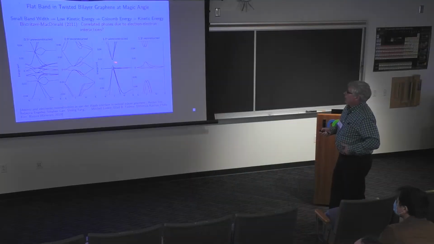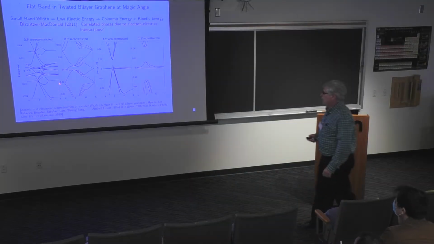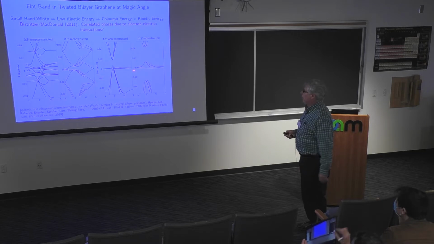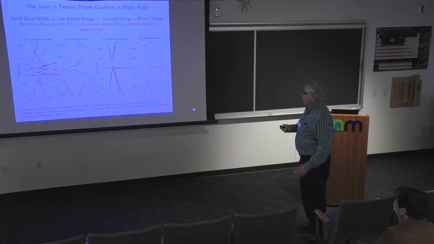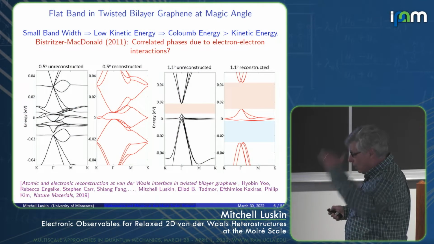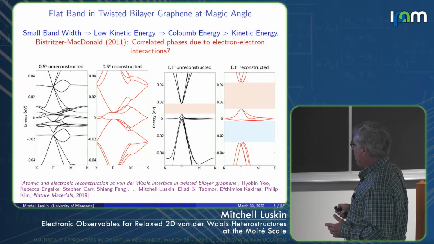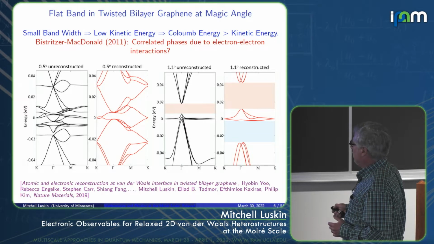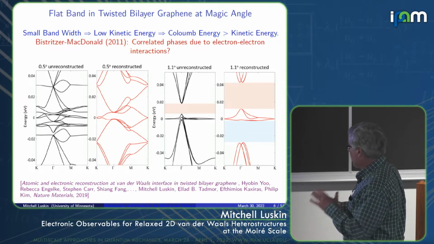But then a very dramatic experiment was motivated by the fact that at a special magic angle, at about 1 degree, the band structure at the Fermi level, the level where you fill the electrons, is rather flat. Look at this scale. It's really flat.